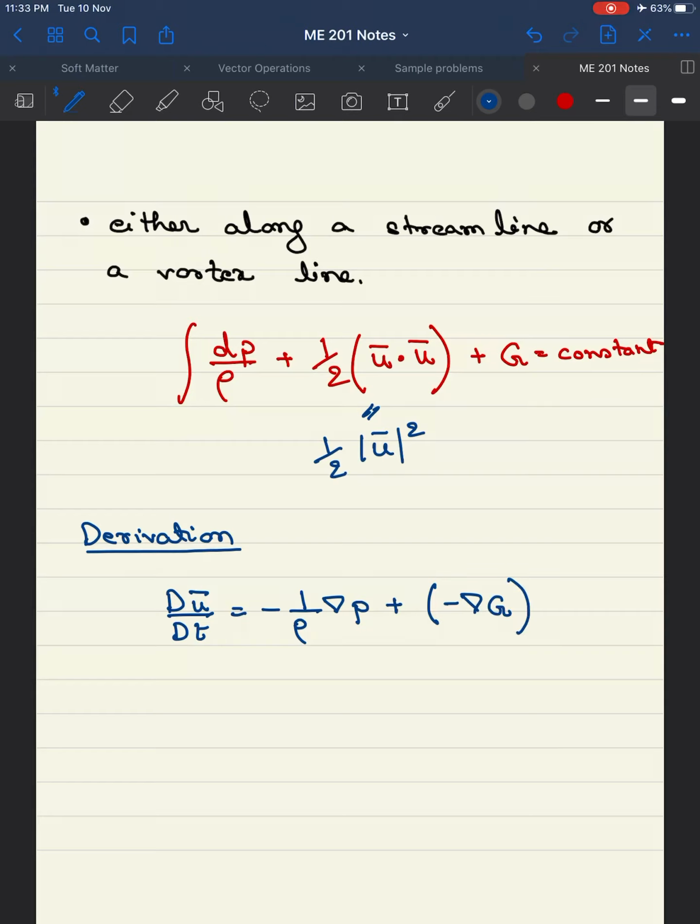This actually stands for the assumption that the body force vector, because it's a conservative force field, can be represented as the gradient of a scalar quantity. And that's the definition of a conservative force field.